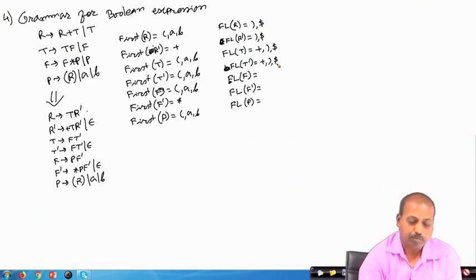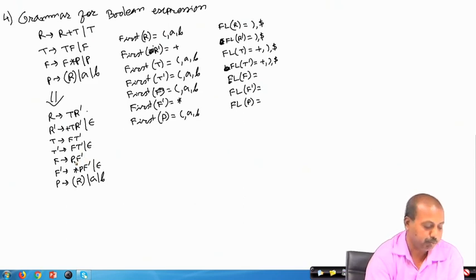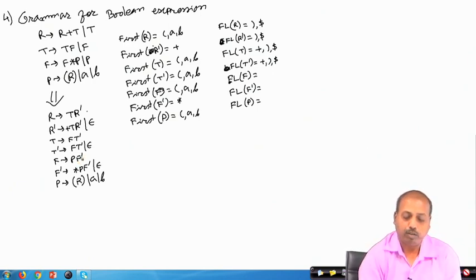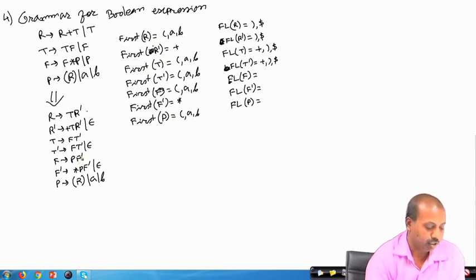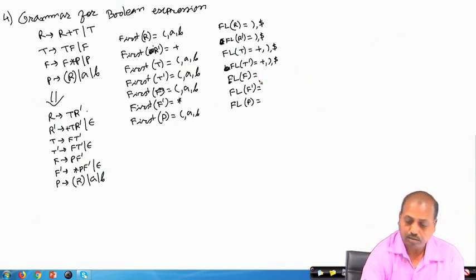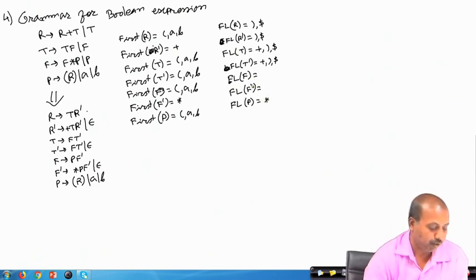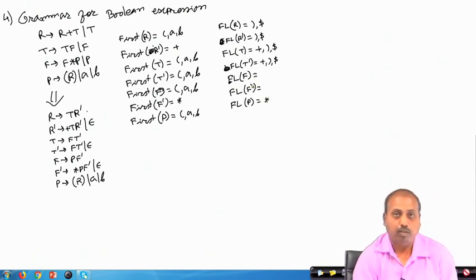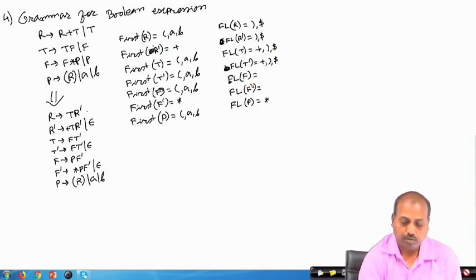Now comes follow of F. Whatever is in first of F dash will be in follow of P. First of F dash has got star, so this follow of P will have star there. But before that, this follow of F. How do we get follow of F?